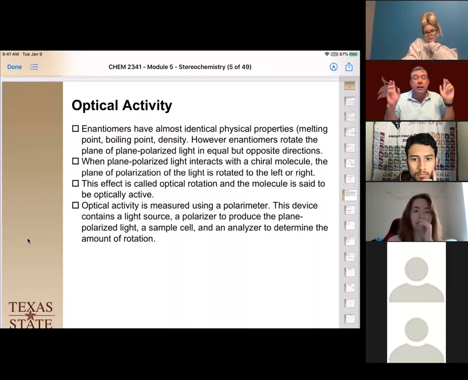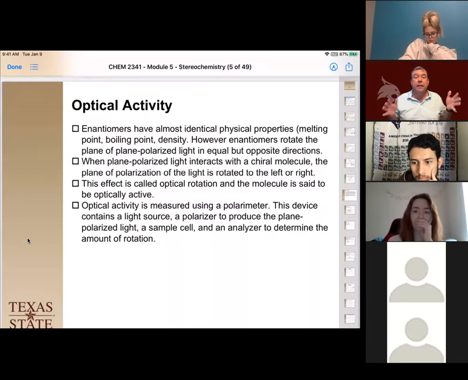Empirical formula, connections, bonds, bond orders, everything's the same except for these. Now, that being said, because these all have the exact same bonds, they tend to have the exact same melting point, exact same boiling point, exact same density, okay? The only way we can tell them apart is that one will rotate light clockwise and one will rotate light counterclockwise, okay? So let's talk about that experiment here.